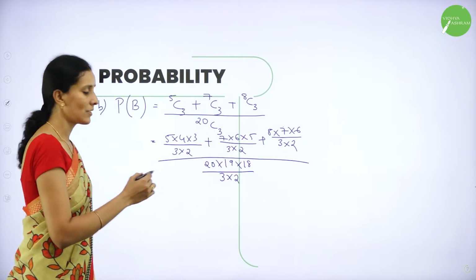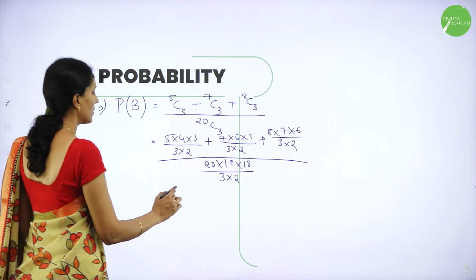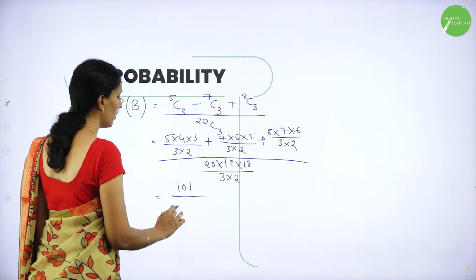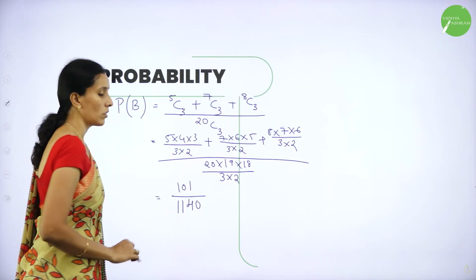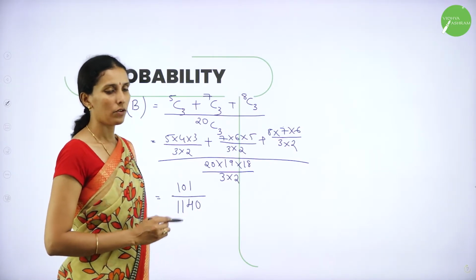On solving this, we'll get 101 divided by 1140. So this is the value of the probability for this question.